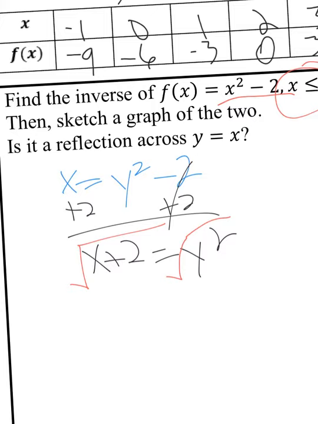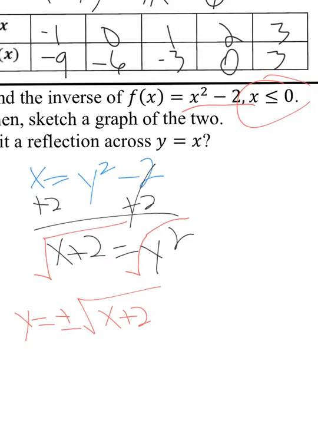So normally you'd say y equals plus or minus the square root of x plus 2. But because of this little qualifier here, you can't have a plus or minus. You can only have the negative, okay?